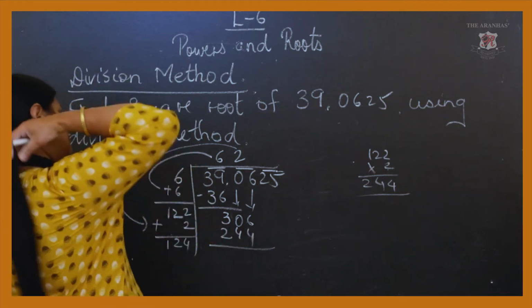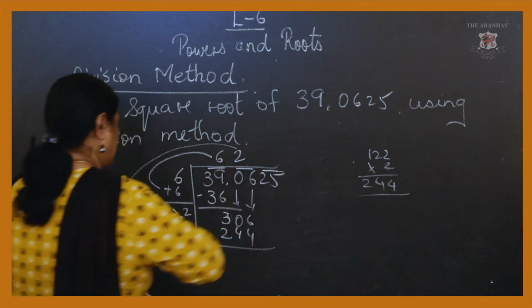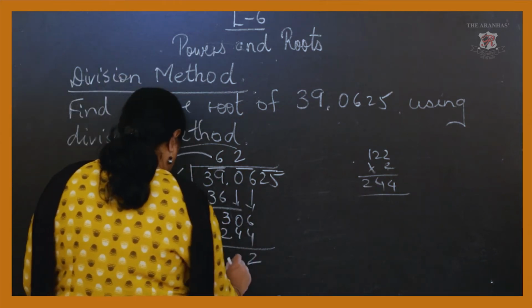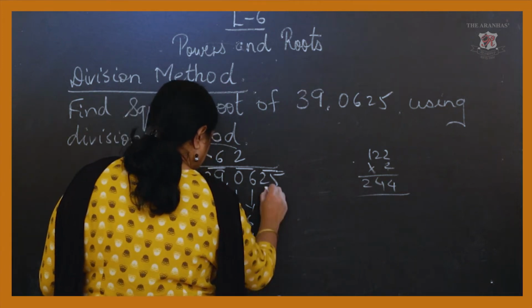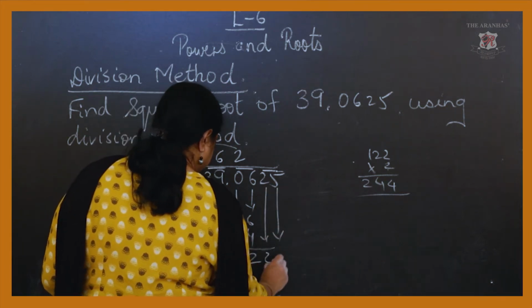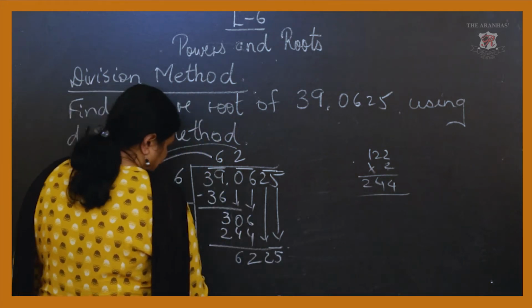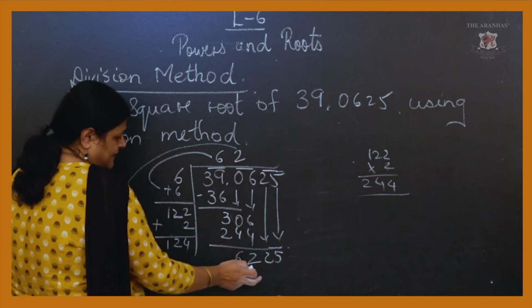So here you have got 2 and then here you will get 6, and then again this 25 you are going to bring it down. So you are going to multiply that particular number to this number, you get this.